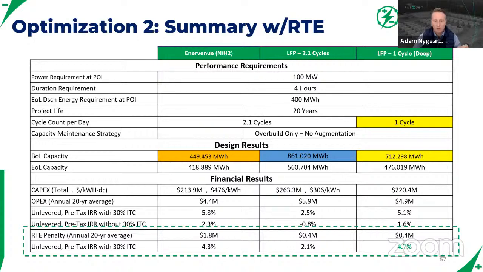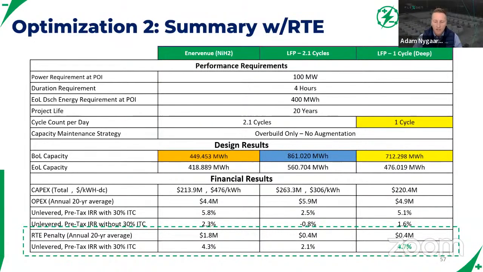You probably would have needed to come under that given the lower round trip efficiency of the Intervenue product. So we calculated a round trip efficiency penalty, assuming 5 cents per kilowatt hour multiplied by that efficiency difference, and then per day, per year, et cetera.